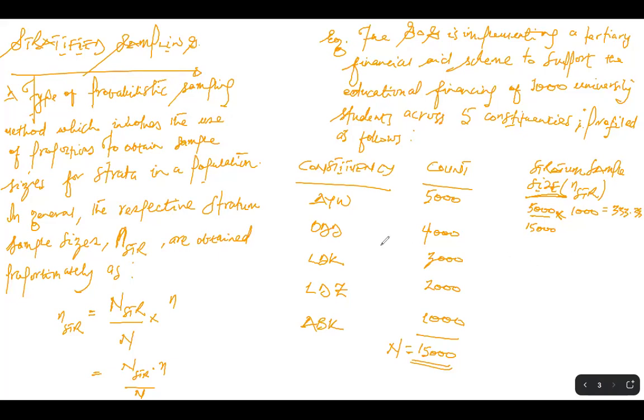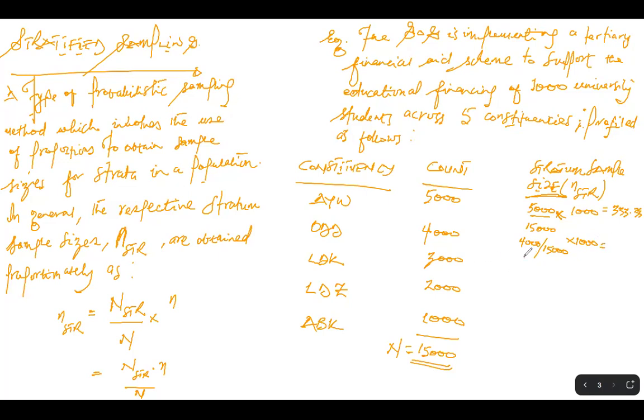All right. Then we come to number 2. Similarly, we have 4,000 over 15,000 times 1,000. That would give you something. You can compute and give me the values.